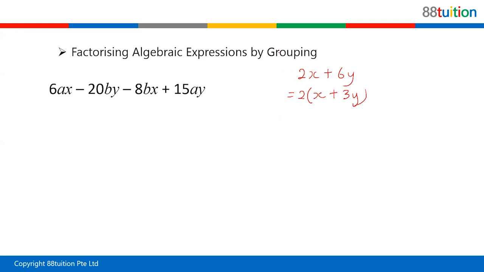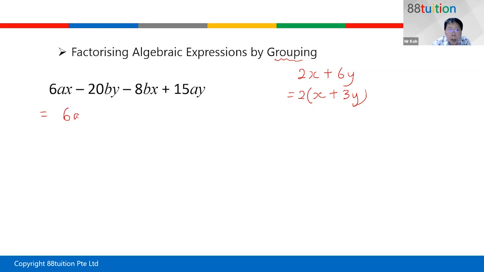Yeah. So now factorization by grouping. I'm going to group. Before I group, I look at this: ax, by, bx, ay. They are all different. So I must put all the a together.